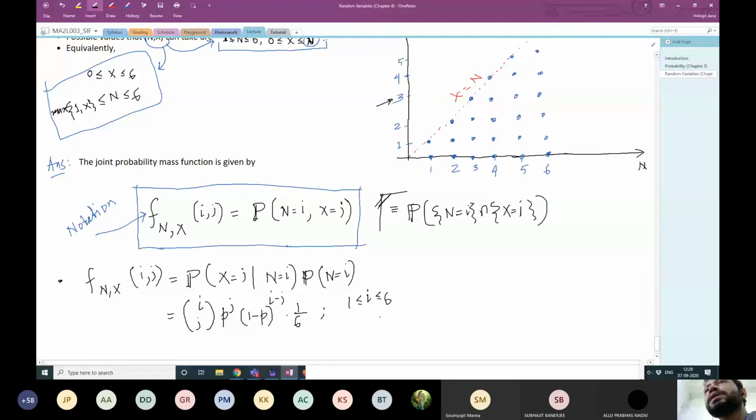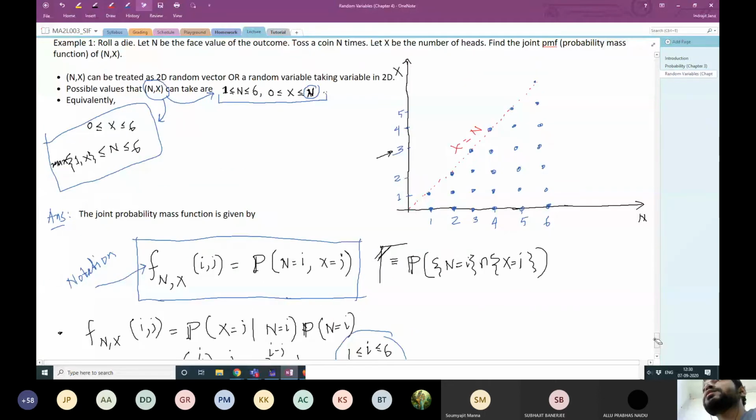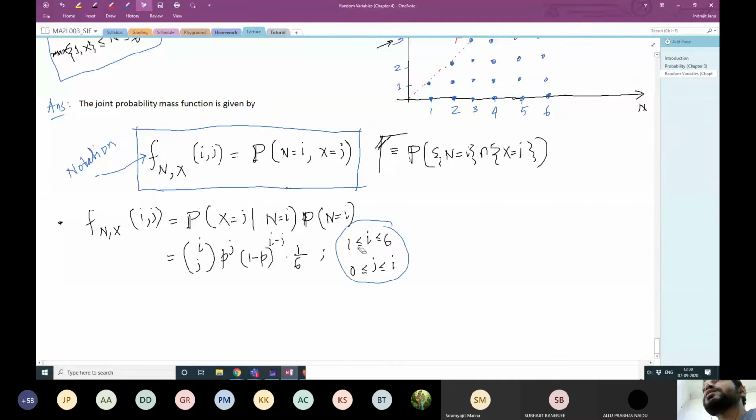So this part is essentially following from the part I wrote here, that n is from 1 to 6 and the values of x are from 0 to n. So this is what I wrote here. And the value of n, which is i, so i is from 1 to 6 and j can be at most the value of n, which is i here.